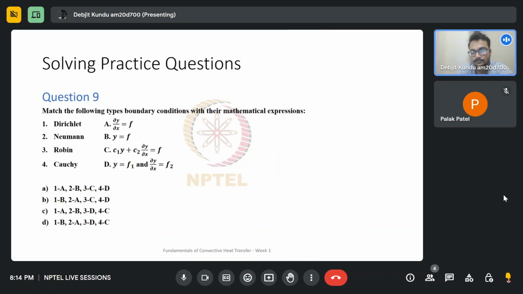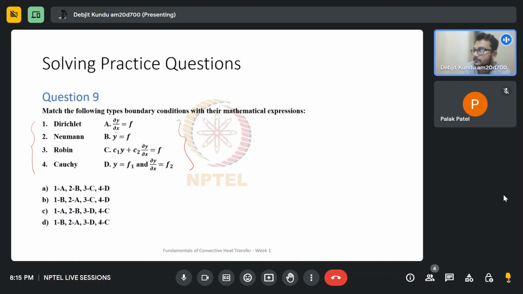So we'll move on to question number 9, which is again a match the following type of question, where these are types of boundary conditions and their mathematical expressions. ये जो लेफ्ट वाला कॉलम है इसमें डिफरेंट टाइप्स ऑफ बाउंड्री कंडीशंस है. डिरिचले बाउंड्री कंडीशन, नॉयमन बाउंड्री कंडीशन, रॉबिन बाउंड्री कंडीशन, एंड ऑप्शन 4 कॉशी बाउंड्री कंडीशन. और कुछ मैथमेटिकल एग्जांपल्स है राइट हैंड कॉलम में जो कि कोरेस्पॉन्ड करते हैं एक कोई टाइप ऑफ बाउंड्री कंडीशन से.